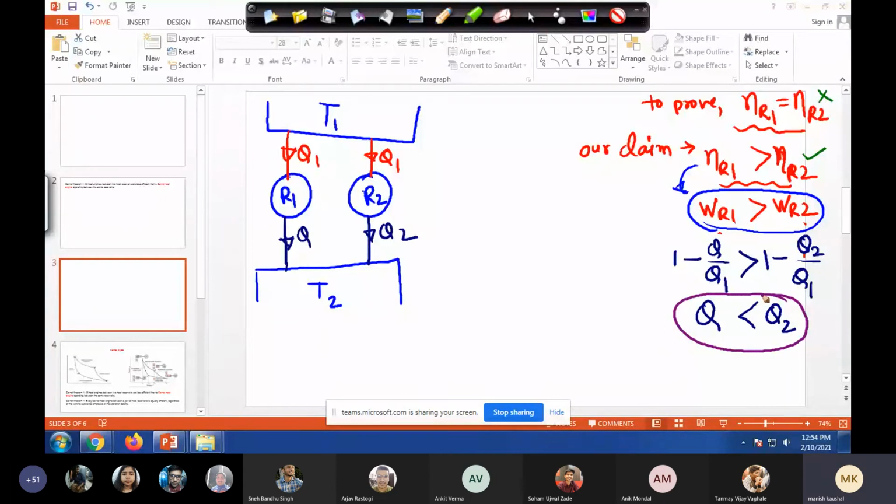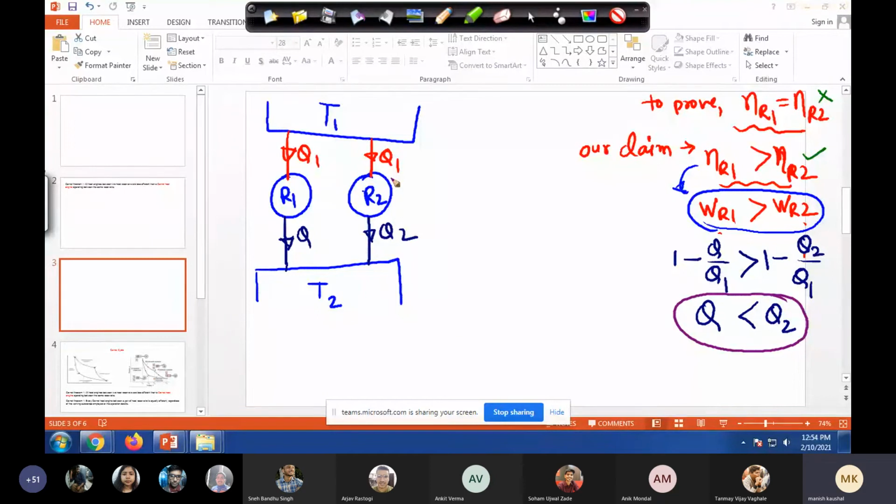Now, since both engines are reversible, we can flip any one of them. We should flip it, otherwise you won't be able to do it. Again, it will be 2Q1. So let's say we are flipping this one, R2.